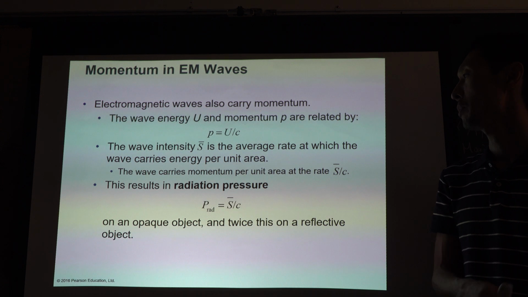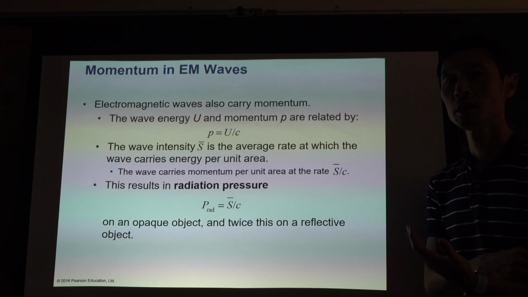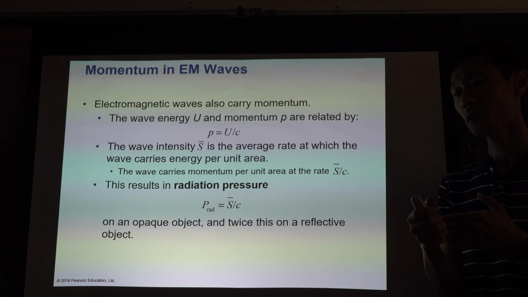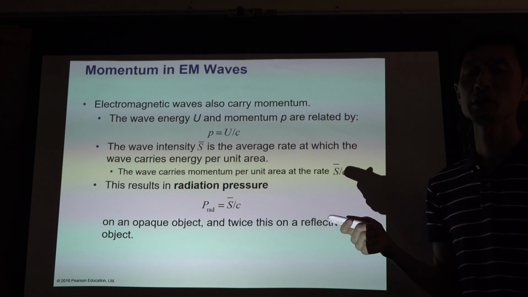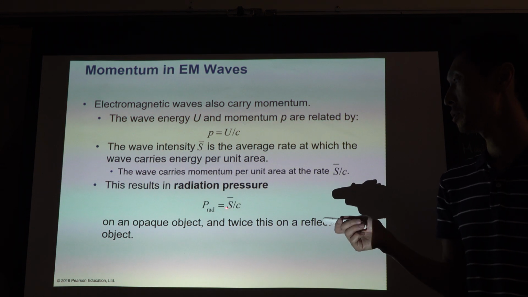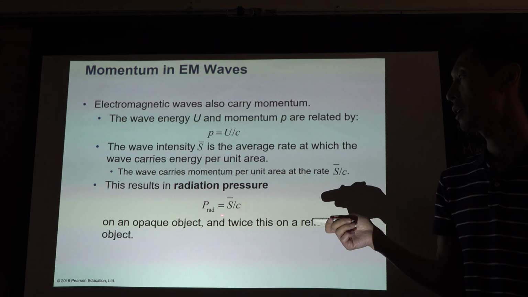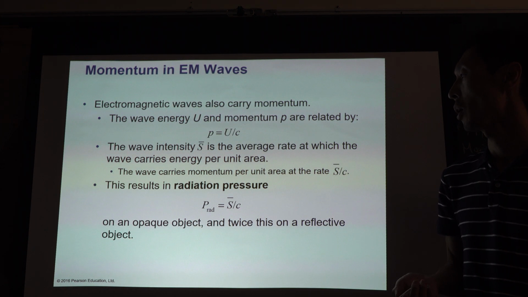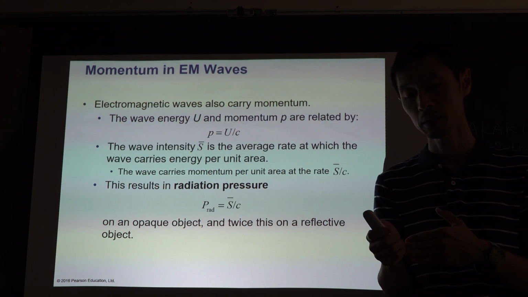That means these EM waves have a radiation pressure. So if there's light, then there should be a pressure, momentum. Of course, this value is usually very small because C is a very large number. So if you divide by C, the radiation pressure is very small, but you still have radiation pressure from light.